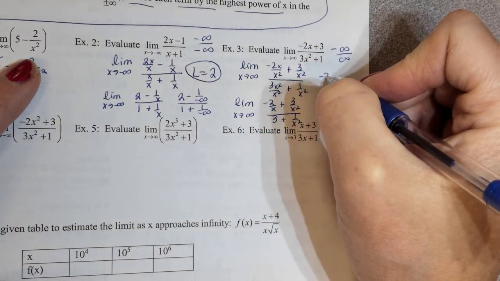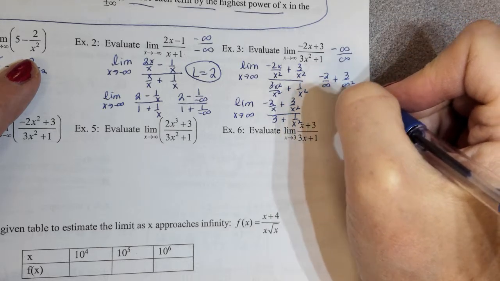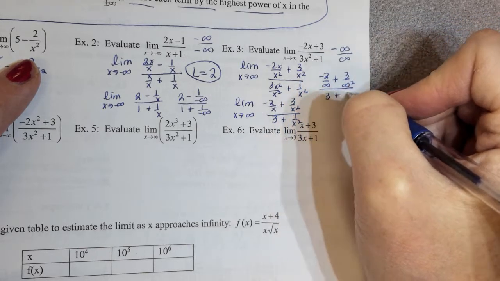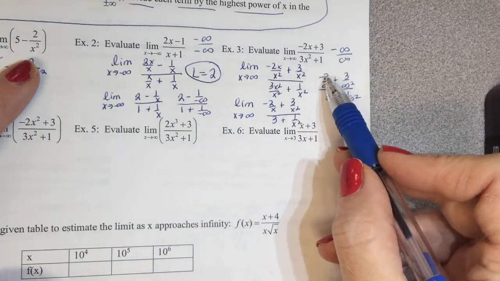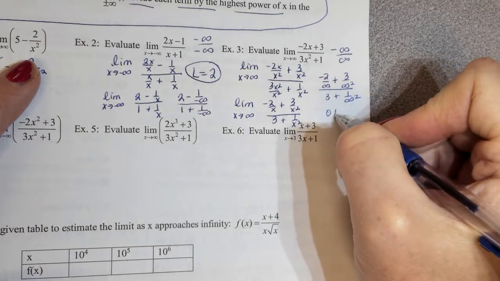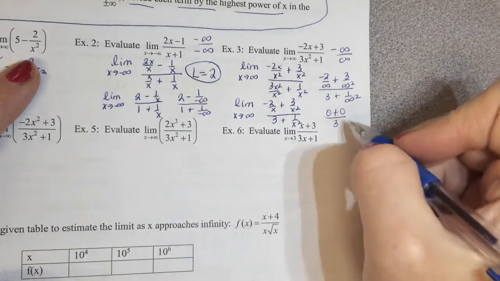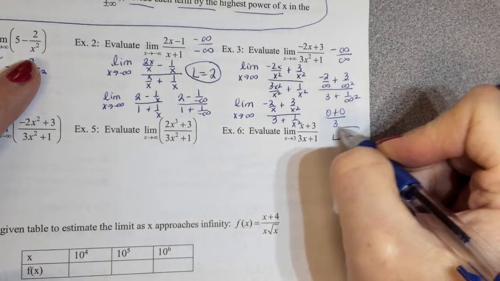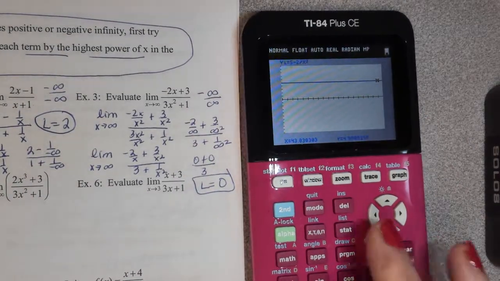So it's going to be negative 2 over infinity plus 3 over infinity squared, 3 plus 1 over infinity squared. Well, what is the constant over infinity again? So I'm going to have 0 plus 0 divided by 3. So what's this limit going to be? 0.